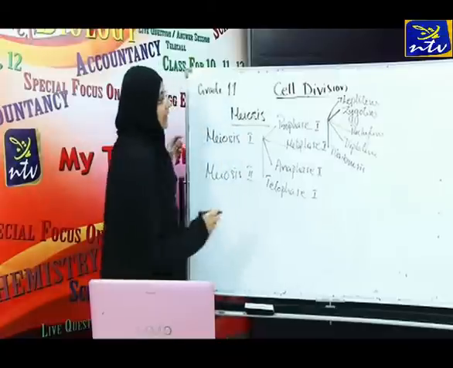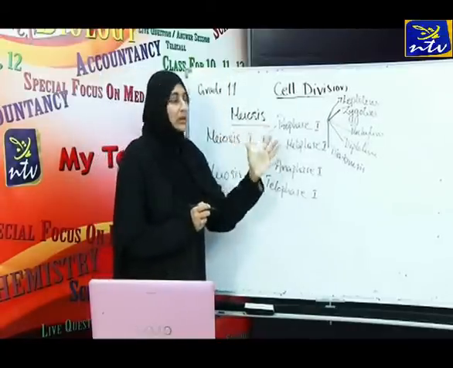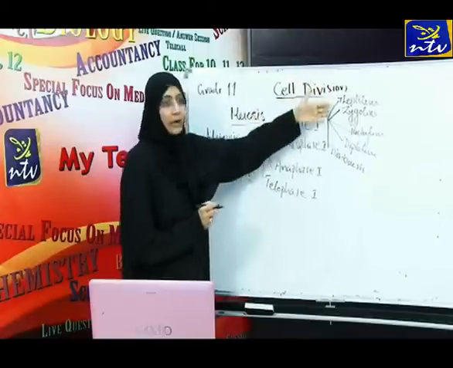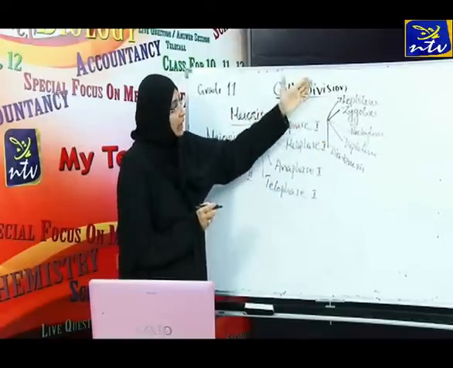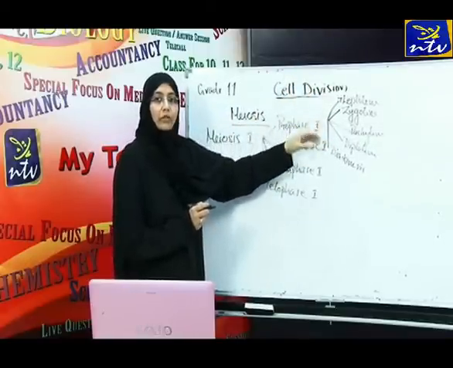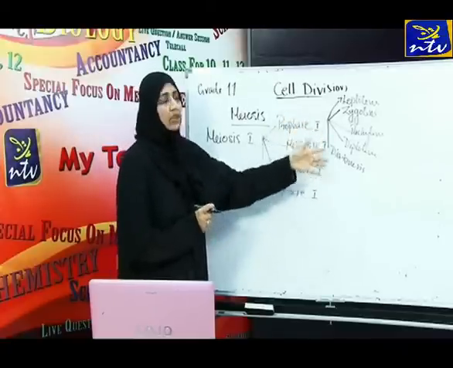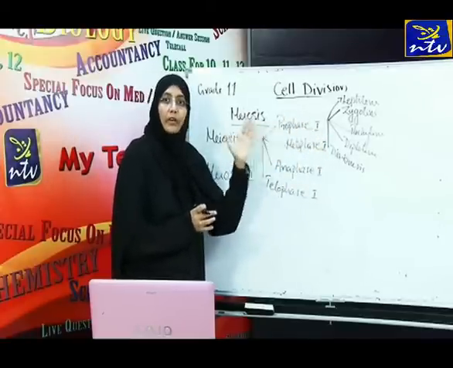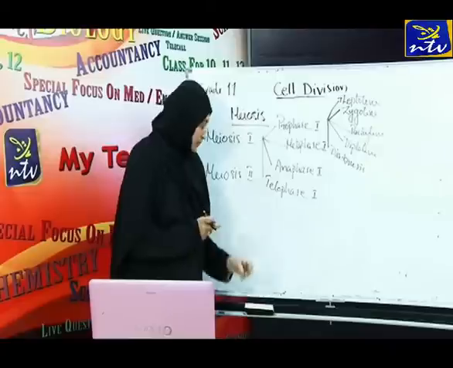So we can see that this prophase 1 is divided into 5 stages: leptotene, zygotene, pachytene, diplotene and diakinesis. So what are the changes taking place during prophase 1 of meiotic cell division?